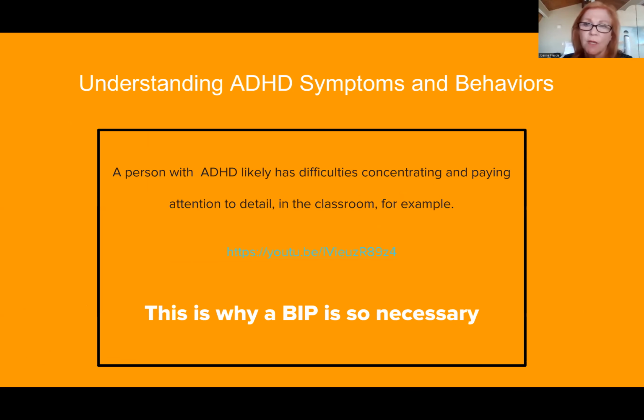Okay, so what I want to point out in this that I think is critical is that somewhere between 50 and 67% of all children that are classified with ADHD, according to this information, have a conduct disorder.